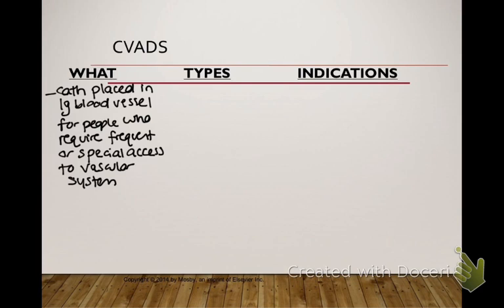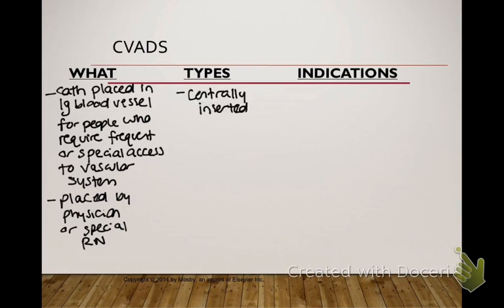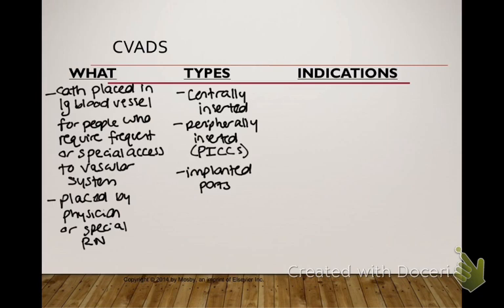It can be tunneled. It can be non-tunneled. We're going to talk about all the different types. They are typically placed by a physician or a specialized nurse. And these are the types. I'm going to talk about each of them. There's centrally inserted, peripherally inserted, or implanted.